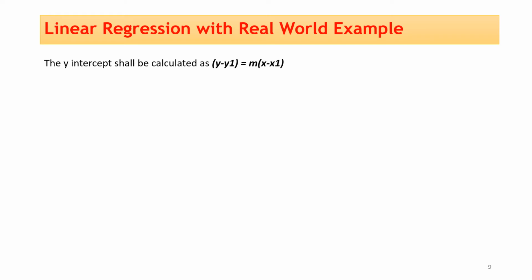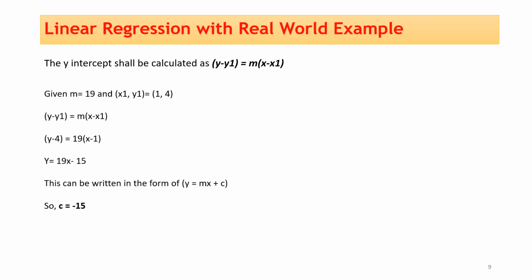Now the y-intercept shall be calculated by using the formula y minus y1 equals m into x minus x1, and we have already calculated m, that is the slope, which is equal to 19, and our starting point, that is x1 y1, which is equal to 1 comma 4. Means by using the slope and the starting point, we can easily calculate the value of c. So y minus y1 equals m into x minus x1.